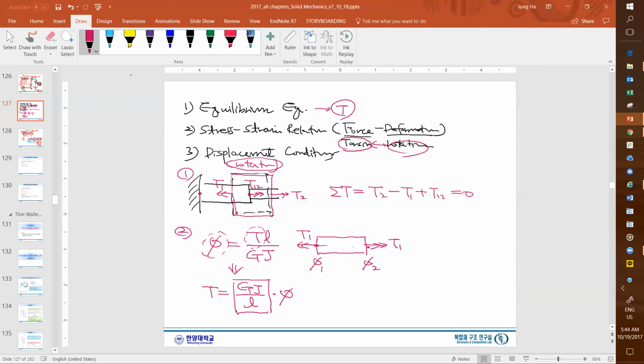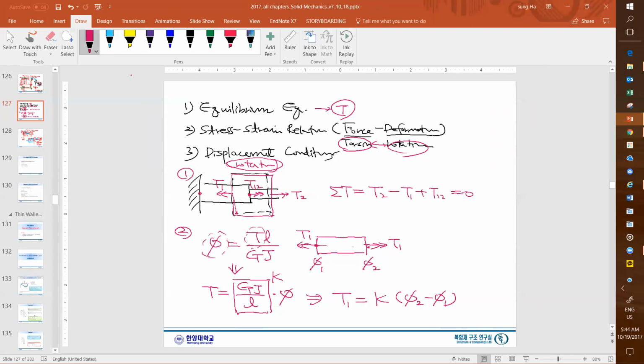Using this symbol, we can say T1 equals, let's call this one K, and this one is phi2 with respect to phi1, right?